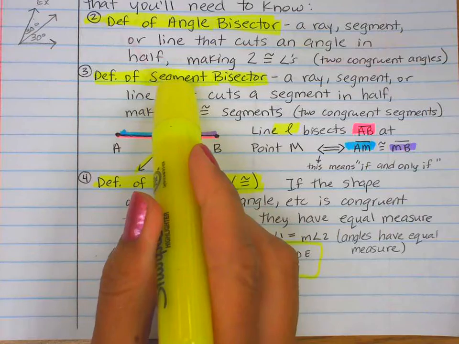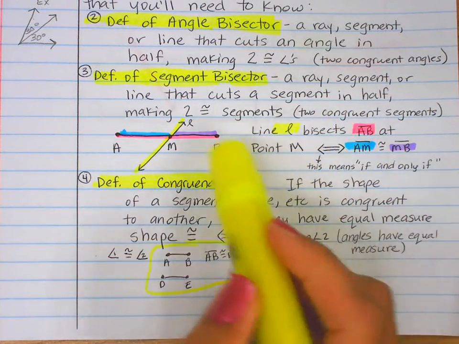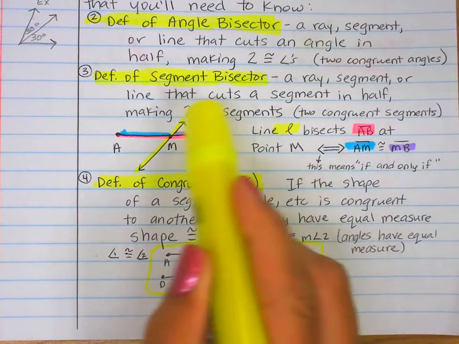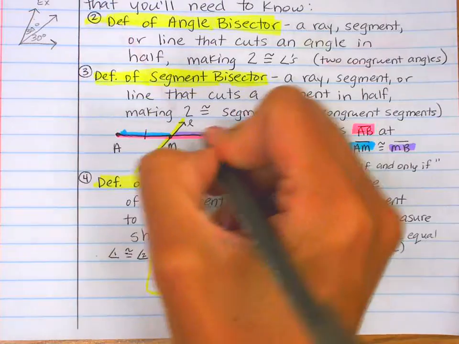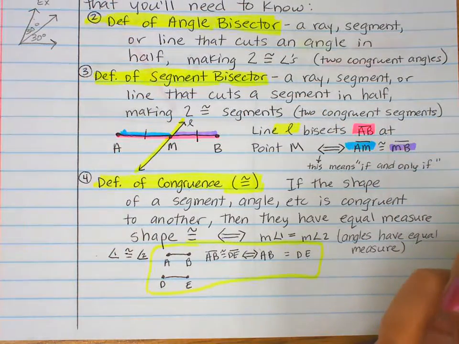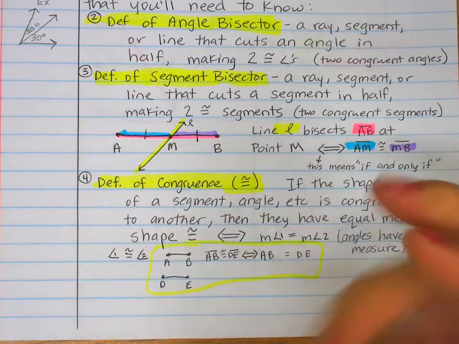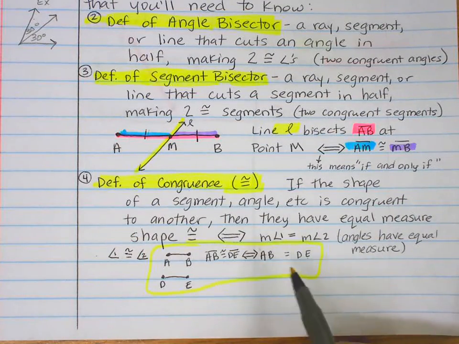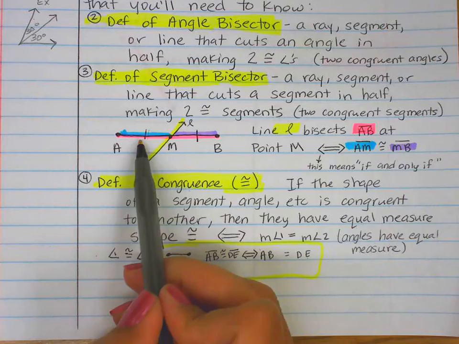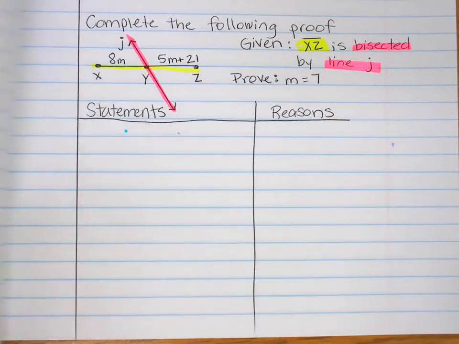It's a segment that's bisected, so it cuts a segment in half, two congruent segments. And I didn't mark it here, so I'm going to go back and mark it. You do want to mark congruent segments with just one line if there's only one. If you had two sets of congruent segments, you can do double lines. But anyways, we'll get there when we get there. So one line to mark congruent segments.